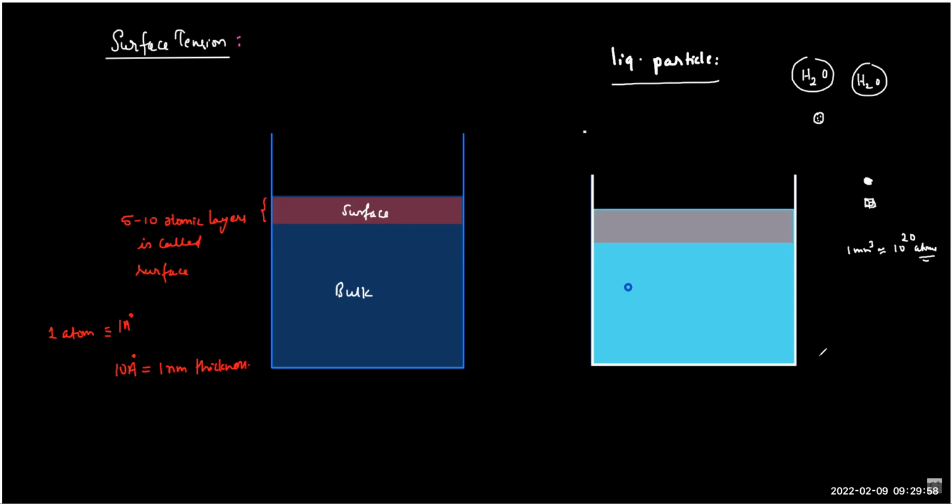That is a tremendous quantity, and that many atoms or molecules constitute the smallest entity of matter that we call liquid or solid or gas. So when I say liquid particle, it is an aggregate presence of a very large number of actual chemical molecules.